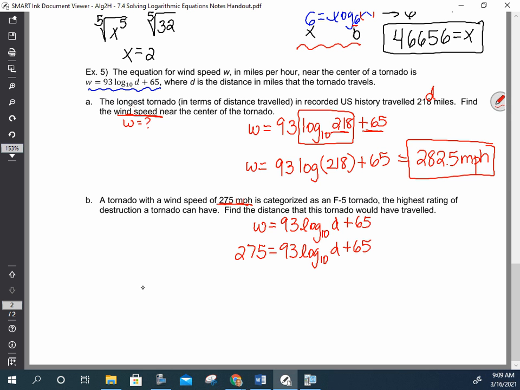Alright, so if we are working this out correctly, we should have 210 equals 93 log base 10 d. 210 divided by 93 is going to give you a decimal, so don't get freaked out. 2.258 equals log base 10 of d.